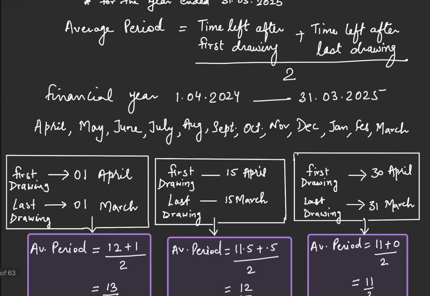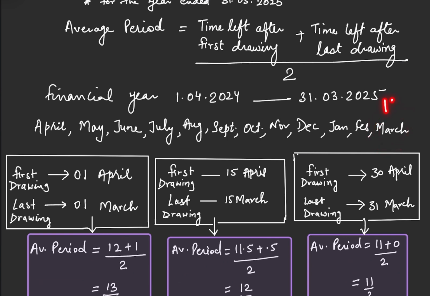The first drawing will be made on 15th of April. If the amount is withdrawn on 15th of April, how much time is left? We say that half of April and these 11 months, so total 11.5 months left after the first drawing.